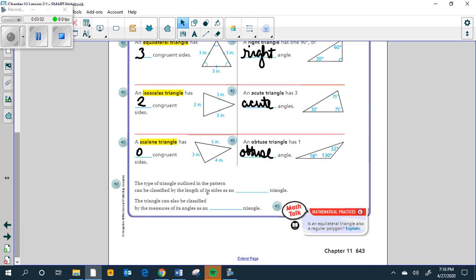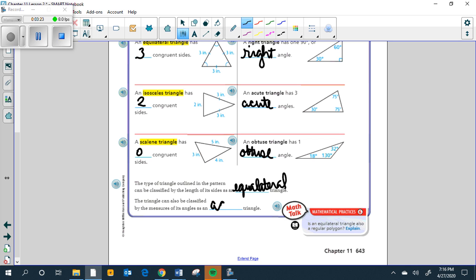It can be classified by the length of its sides as an equilateral triangle, and classified by its angles, it can be classified as an acute triangle.